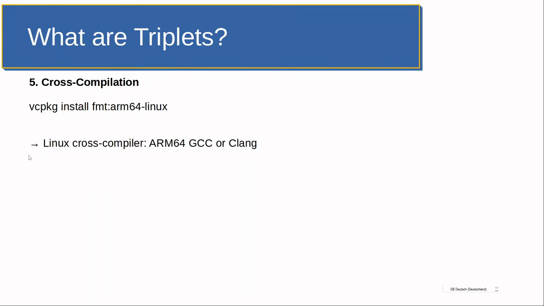If the required compiler is missing, vcpkg cannot build the package. So cross compilation makes sense only if you have a C++ compiler for the target system.